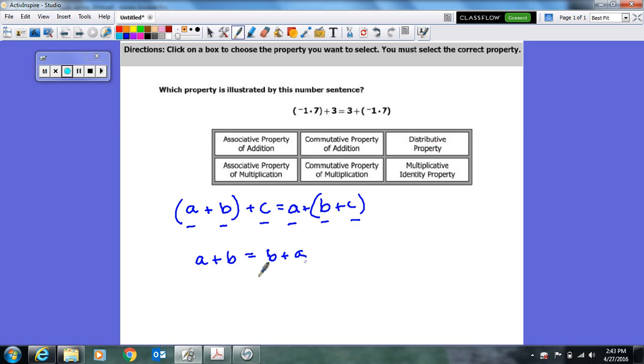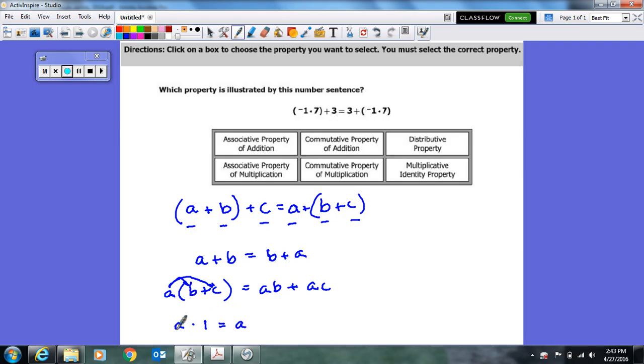And then we have the distributive property, which would say something like this. If you have A, some value, being multiplied times a binomial expression like this, where there are more than one term separated by an addition or subtraction sign, that's equivalent to multiplying A times B and adding to that the multiple of A times C. So basically we distributed the A times the B and then the A times the C. And then the last one, the multiplicative identity property, what that says is that any value times 1 remains the same.